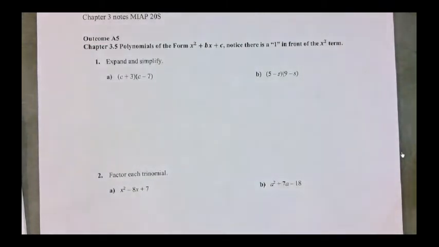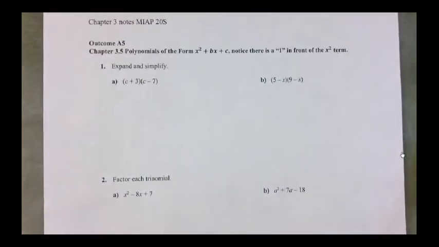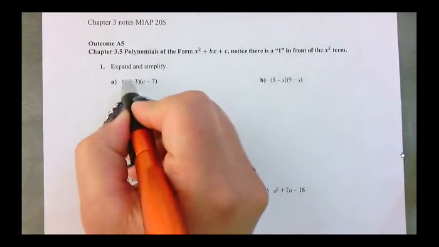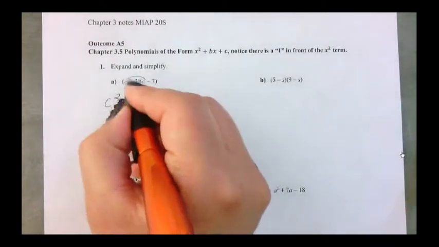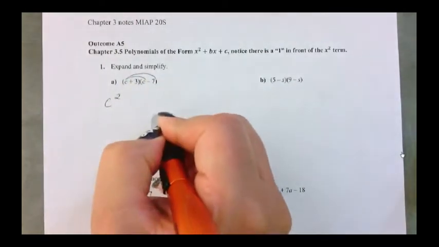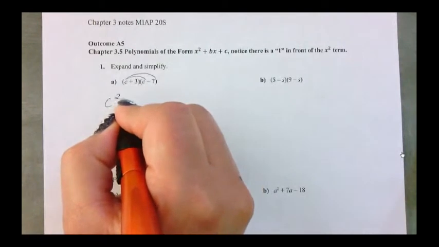So let's just take a second and expand these two questions 1a and 1b. Just to review, we're going to take the c's, multiply them together, we get c squared. Take the c and the minus 7, and that is minus 7c.